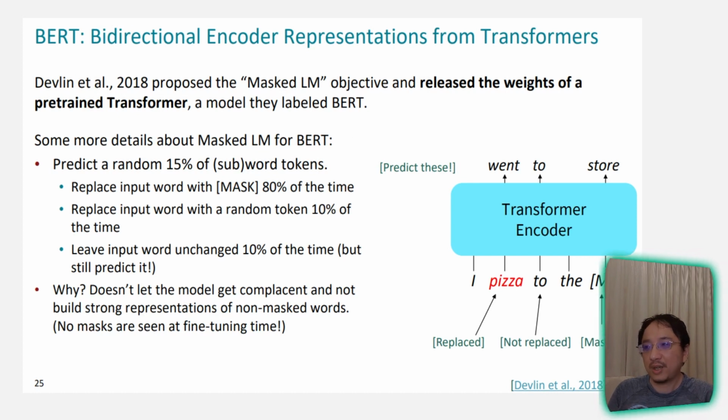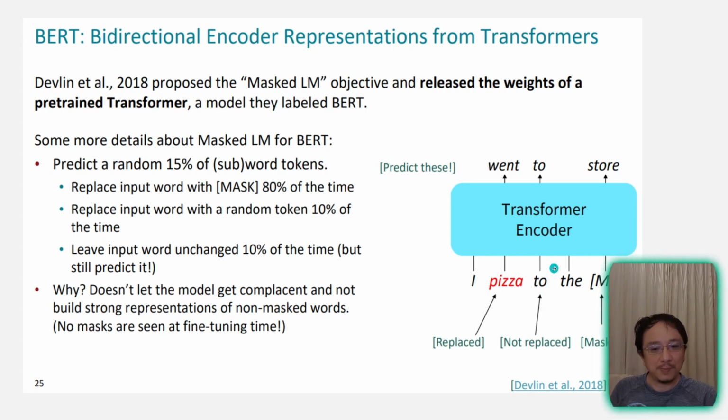To be specific, BERT has 3 different kinds of inference tasks. One is what we have mentioned before, to inference the masked word. Another situation is we replace one word by a random word. And the third one is we keep a word unchanged.